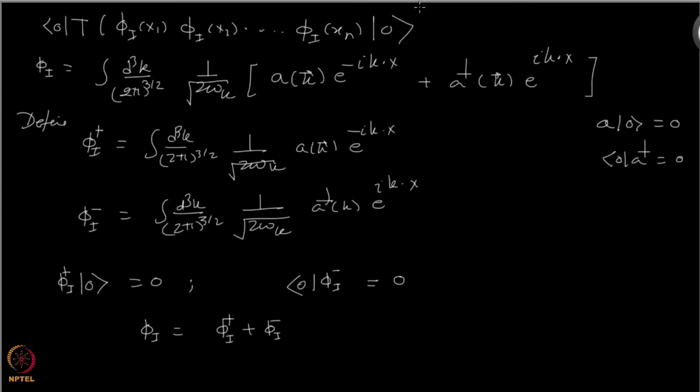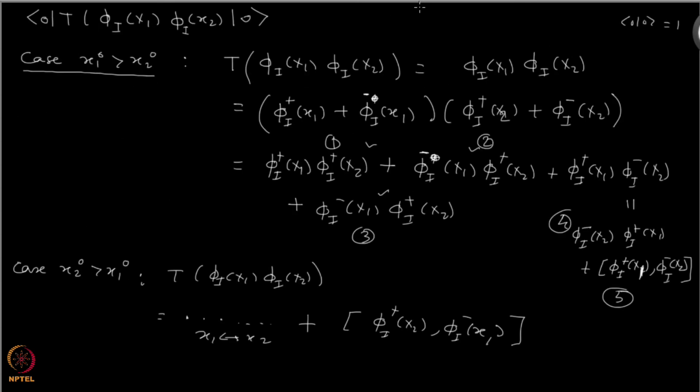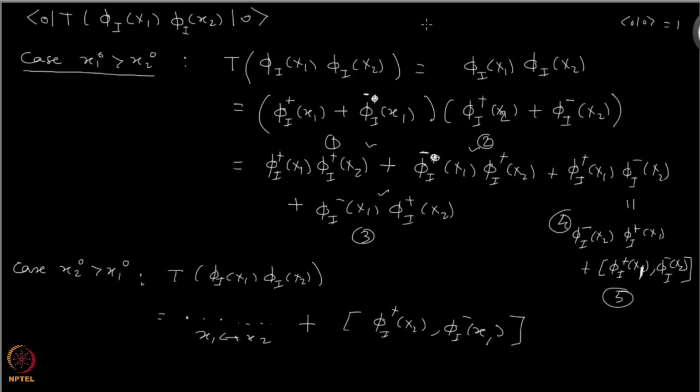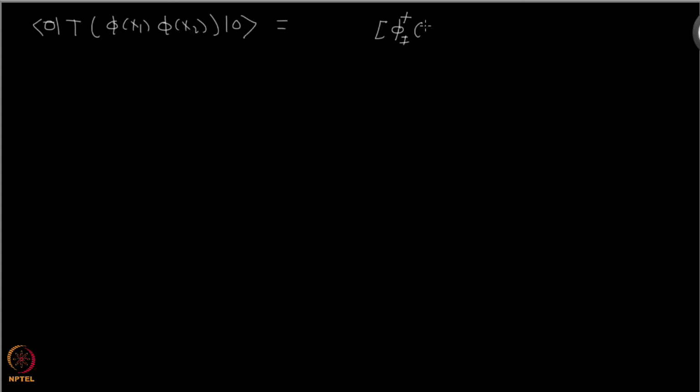So let me write down the result. So the result will be the following. So first term was, let's go back, phi I plus, hope it's correct, yes, and the one with the larger time argument phi I minus one with the smaller time argument.